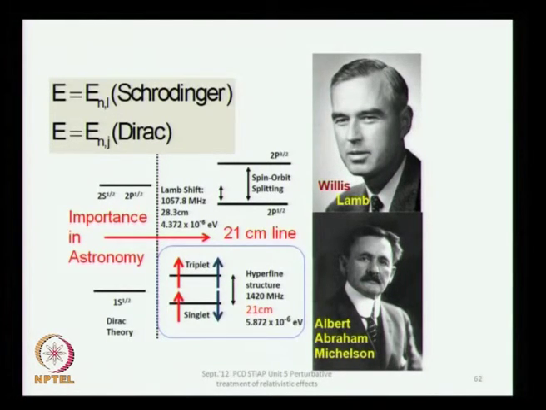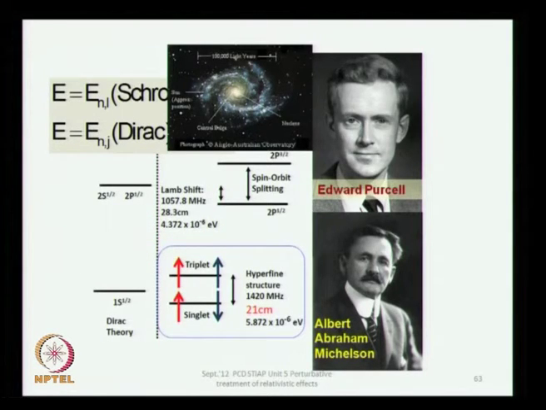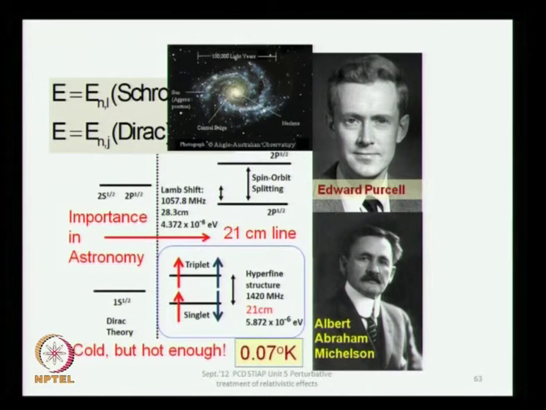radio astronomy. The reason is hydrogen atom is everywhere all over the universe. Now, this energy difference between the singlet and the triplet hyperfine states is extremely small. If you convert this energy into temperature units, this is like 0.07 degree Kelvin.